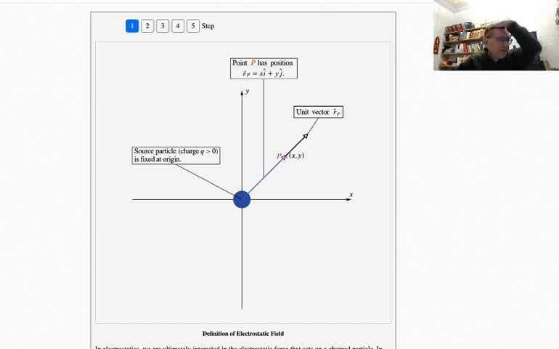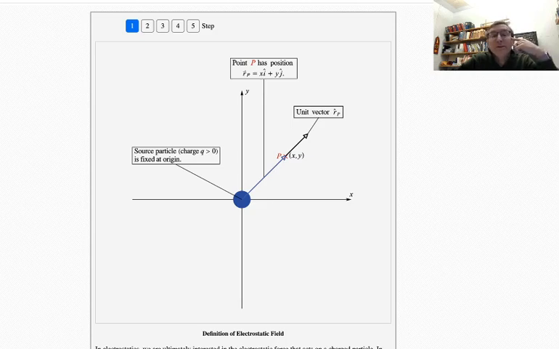There's a position vector, r arrow. I also labeled it r sub p, just to emphasize it's the position vector for point P, which would be x times i hat plus y times j hat. And you can even talk about a unit vector, r_p hat, which has magnitude 1 and points in the direction of r.